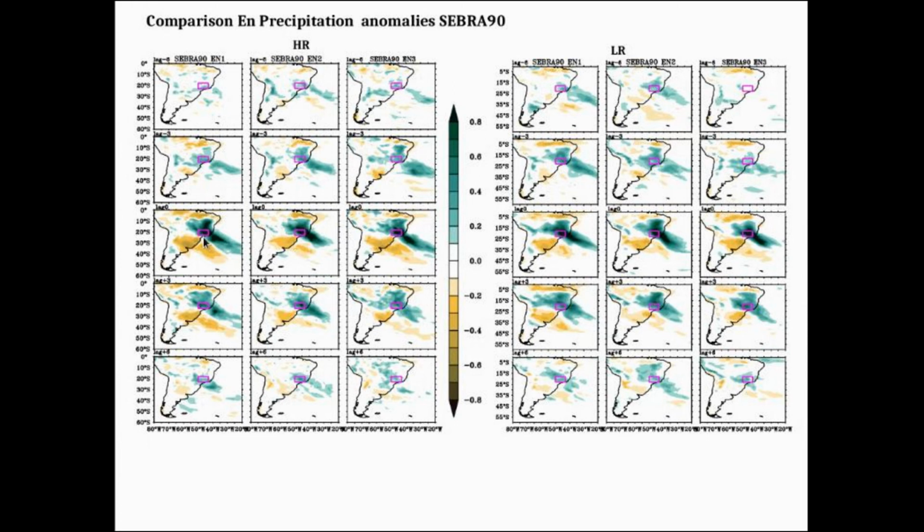Now, as we use the ensemble mean, we found that there is a strong spread between all the ensembles, in both the high and low resolution models.